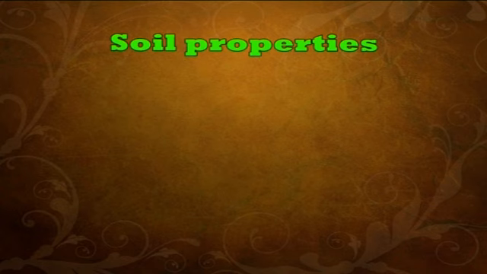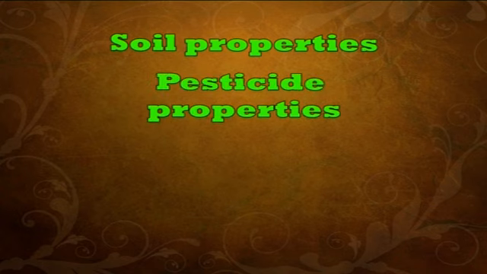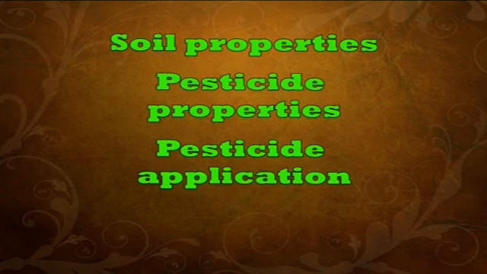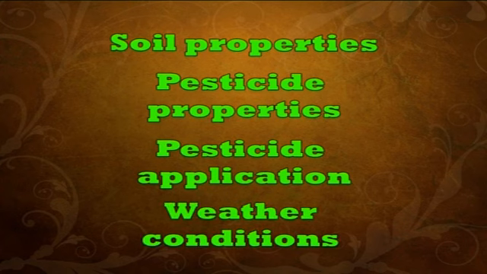Soil and pesticide properties, geography and weather can influence the movement of pesticides. Pesticides that leach through soils may reach groundwater. Soil properties, pesticide properties, pesticide application and weather conditions are the factors affecting leaching.